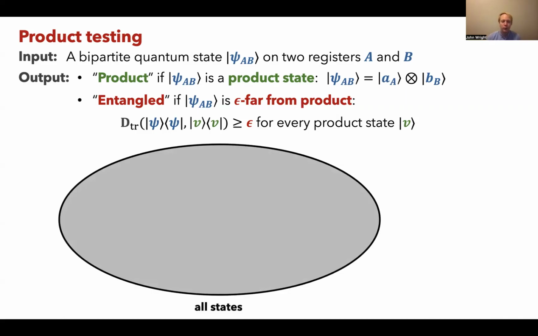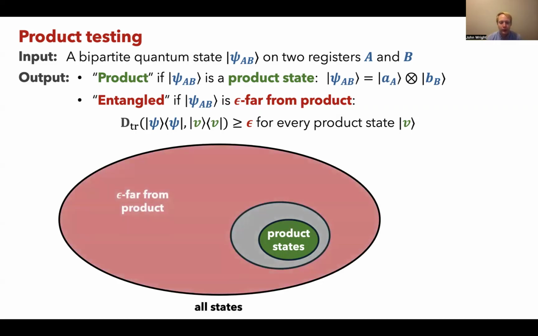Let me write this pictorially. If this gray blob is the set of all states, the set of product states is going to occupy a very small region in this set. And then here in red is the set of all states which are epsilon far from product. And then we have this gray region. These are the states that are not product states, but they're also not epsilon far from product. They're within epsilon of product states.